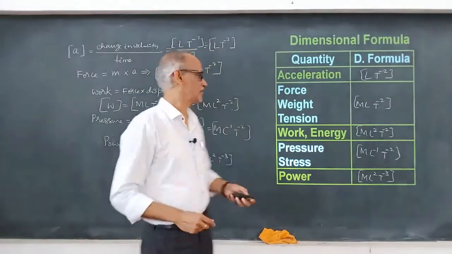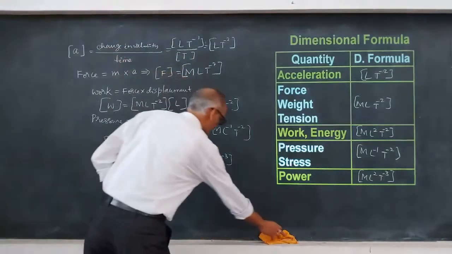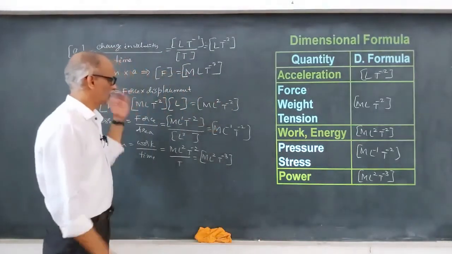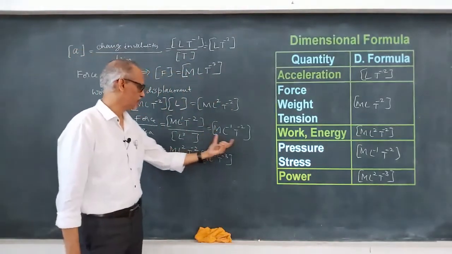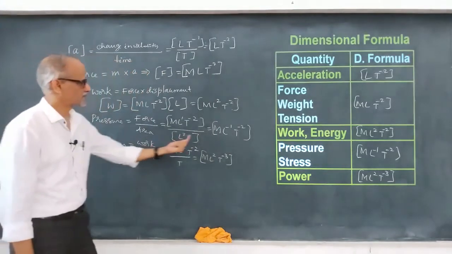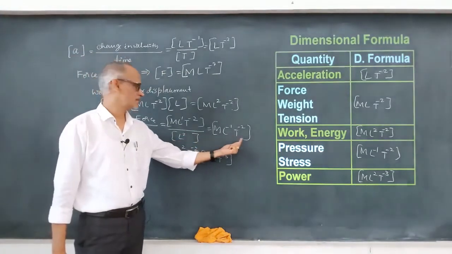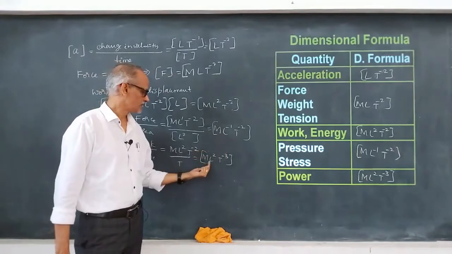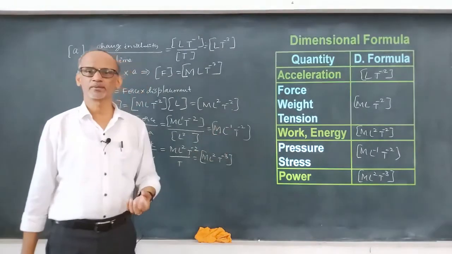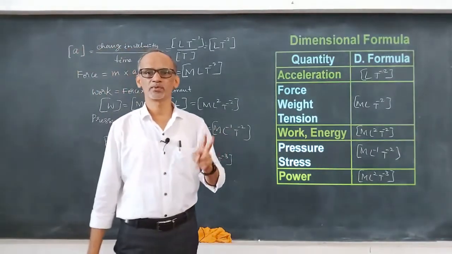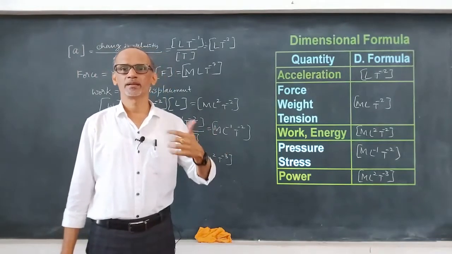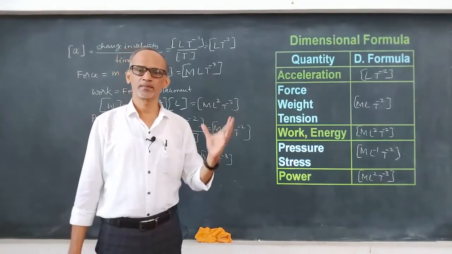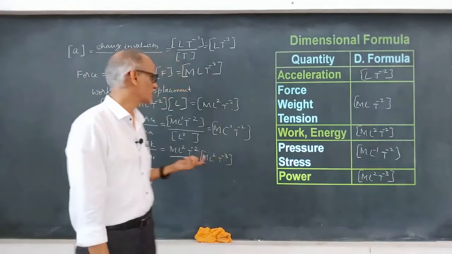Hope it is clear what a dimensional formula is. A dimensional formula is a formula in which a physical quantity is expressed in terms of the fundamental quantities. You can see mass, length, time everywhere. You will get fundamental quantities M, L, T, sometimes only L and T, sometimes only M and L, like that. That formula is called the dimensional formula. Based on that, we can write the unit.